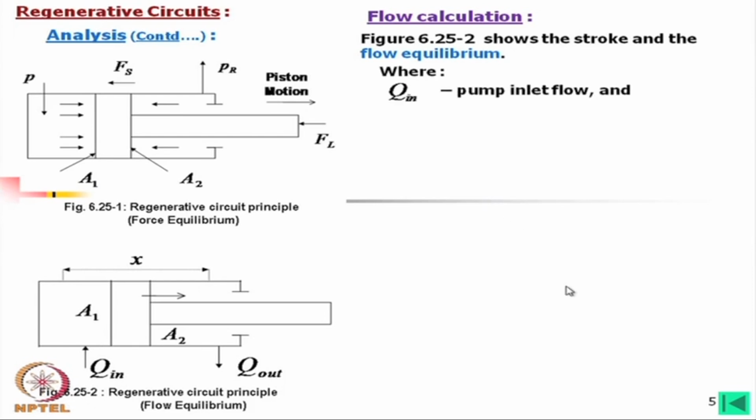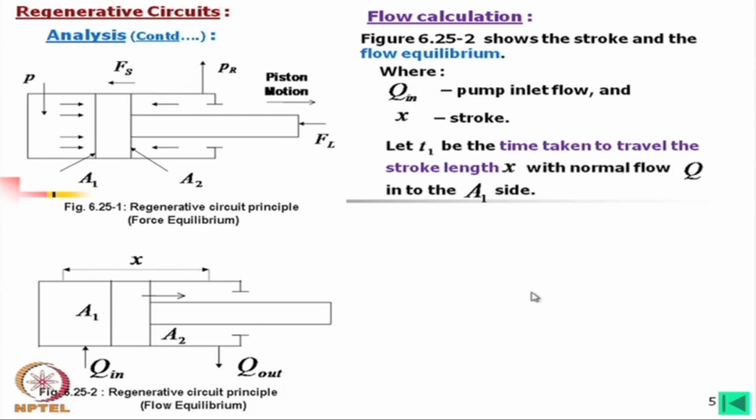If we write it in the form of equations, this will be calculated first considering the time. We shall consider that T1 is the time taken to travel stroke length x for this motion in the outward direction. Okay.